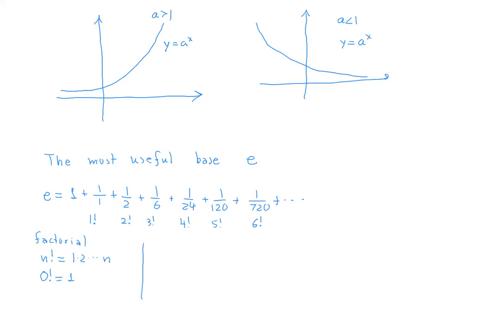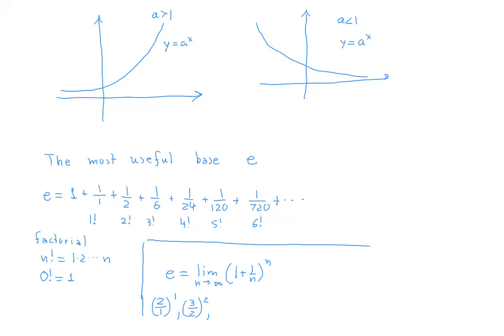Another way to look at the number e is that e is the limit as n tends to infinity of (1 plus 1 over n) to the n. What does that mean? We do have a situation which is very similar to what we were just discussing. So if you take n equals 1, you will find (1 plus 1) to the first power, which is 2. If you substitute n equals 2 in this formula, you will get 3/2 squared.